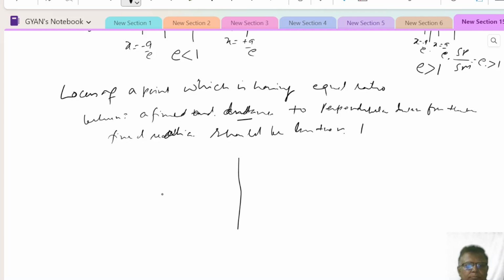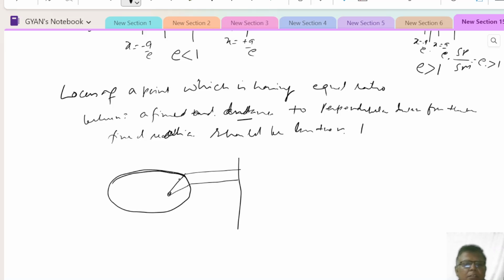Suppose this is a fixed point. This ratio and this ratio and this ratio will all be equal. So you make these points, and this is the locus of all those points.